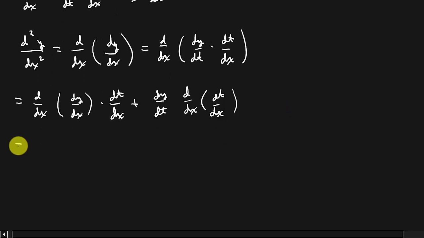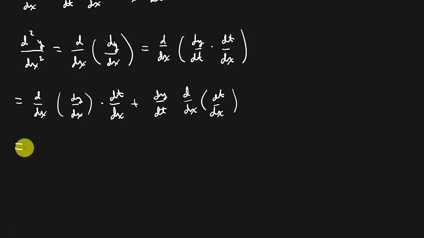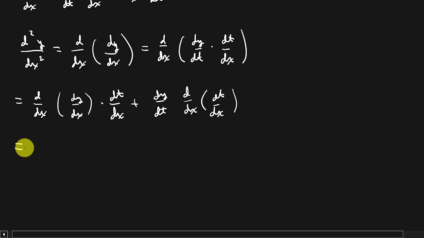Oh wait a minute, did I write something down wrong? I think I did. This should be a dt right here. There we go. Now dy/dt, I'll put an x there.